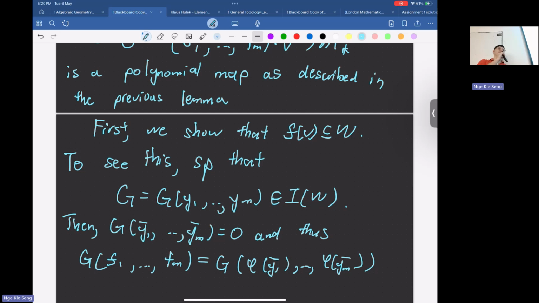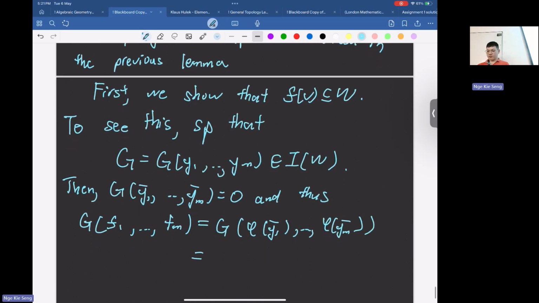When you see this, you know G on y_i bar is 0, but in the middle there is a phi. So what do you hope for? You should hope that you can pull the phi out. Actually, you can pull the phi out.